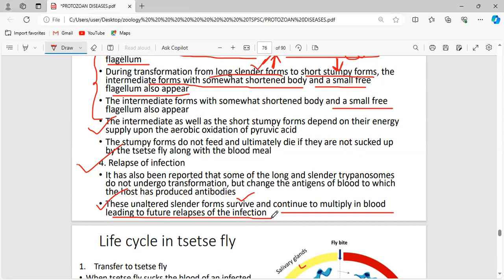Once again, the infection can occur even once it has been completely cured. See, if I have been infected by this tsetse fly and I have been cured, this long slender form will continue to multiply in the blood, and they can cause infection in the future. That is called the relapse of infection.